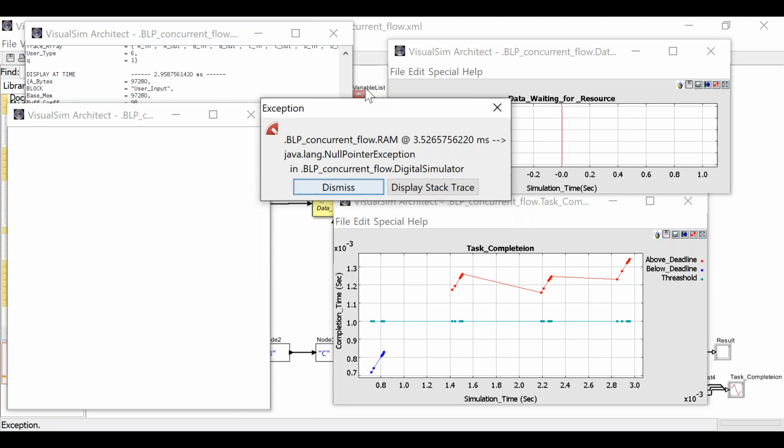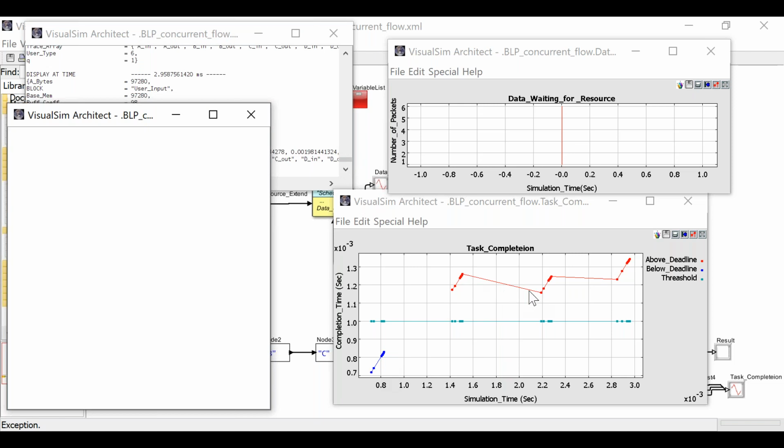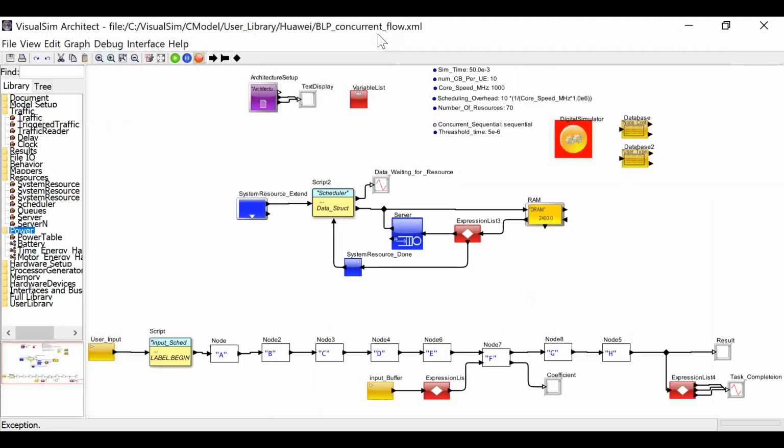And again, notice over here, I end up having data waiting for resources, and I get a lot more points or nodes that are not able to meet the deadline, and only a few of them that are meeting the deadline. So there's a variety of variables that I can modify to evaluate how the system actually operates.